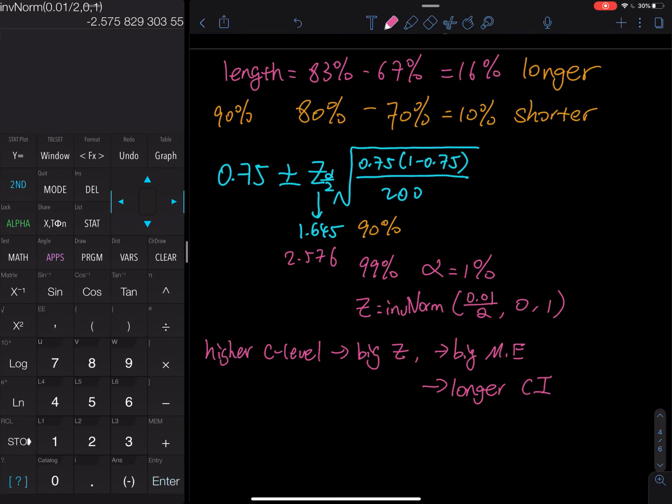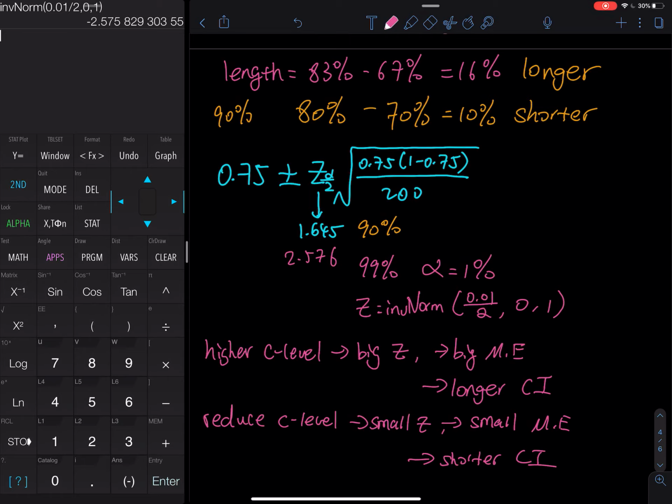What if you reduce the confidence level? Just look at the blue z, you have a smaller z, right? As a result, you have a smaller margin of error. As a result, you have a shorter confidence interval. And this is true, what I wrote right here.